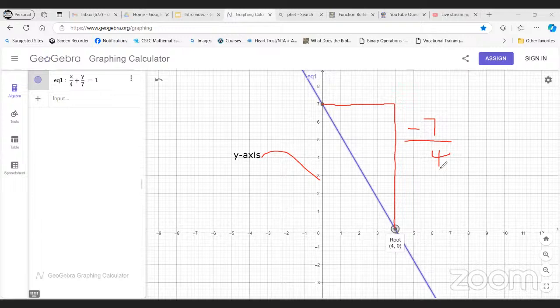You can use any 2 points on the graph actually. So this is the gradient, rise over run, if we're using these 2 points.